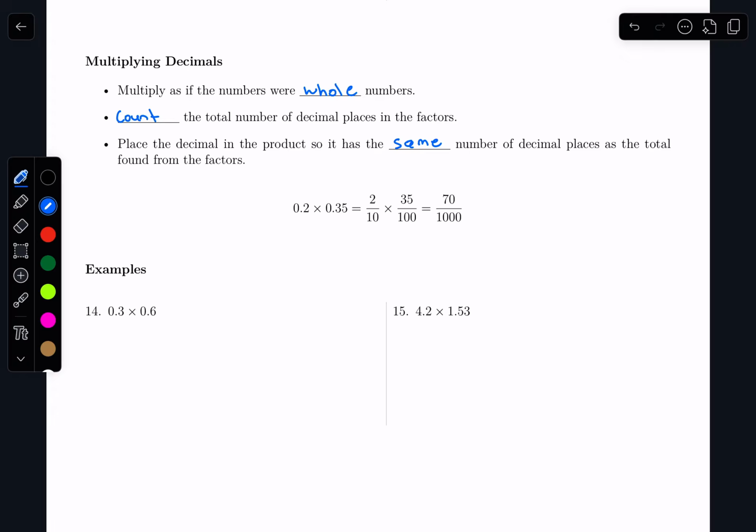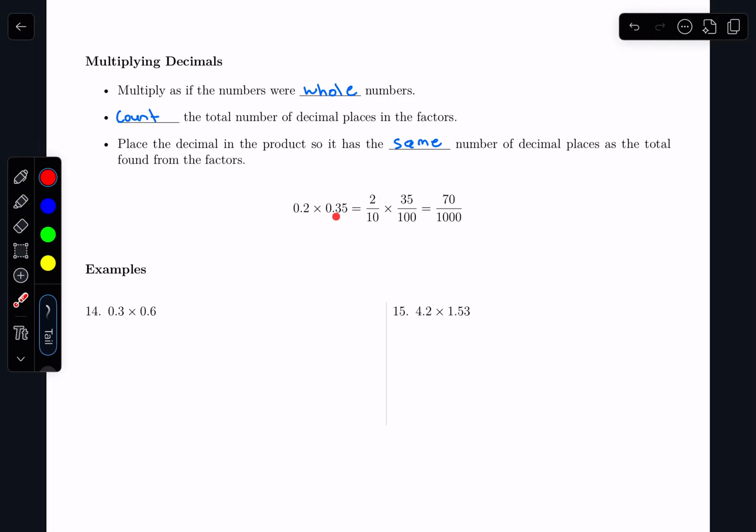But why? Why is this going to work? Okay, so let's look at this math in the middle of the page here. If I have 0.2 times 0.35, that is 2/10 times 35 hundredths. Okay, no big deal. We turned decimals into fractions. That's just a matter of knowing how to name them. So again, 0.2 is 2 over 10 because the 2 is in the tenths position.